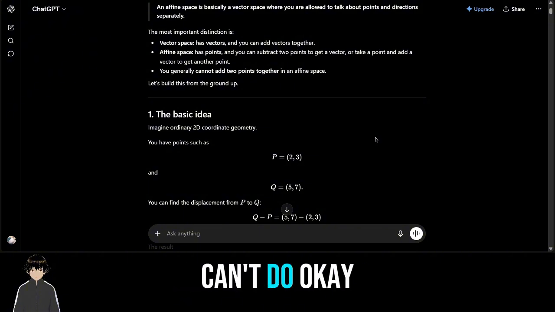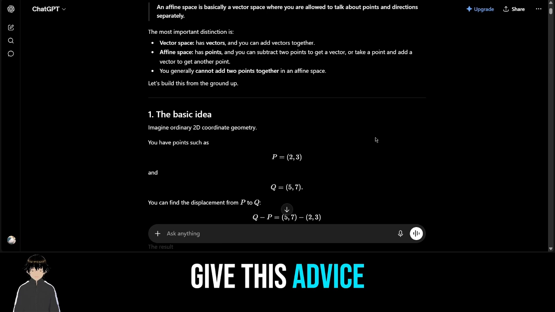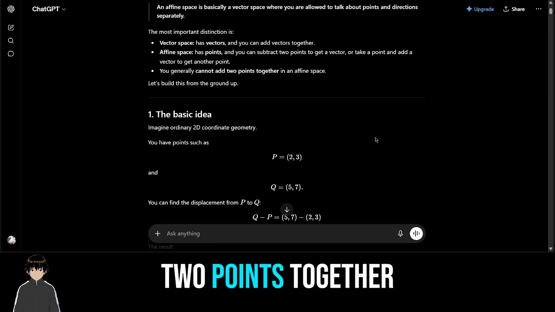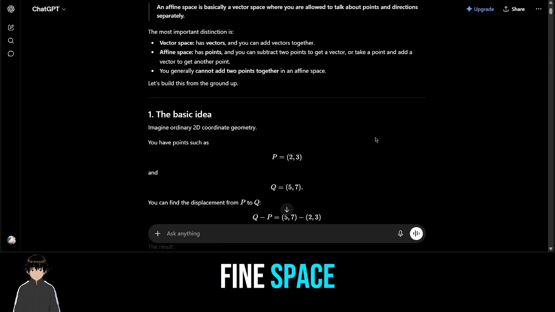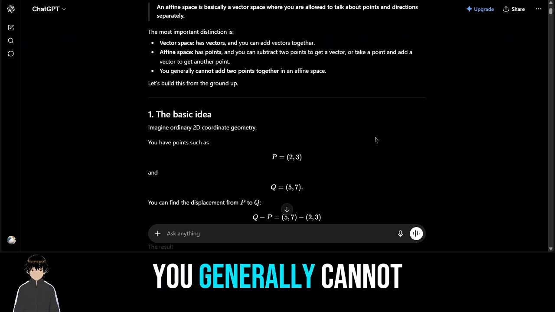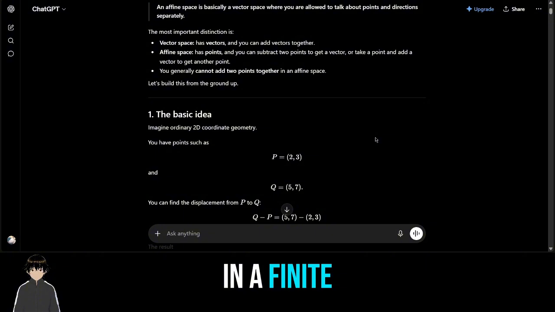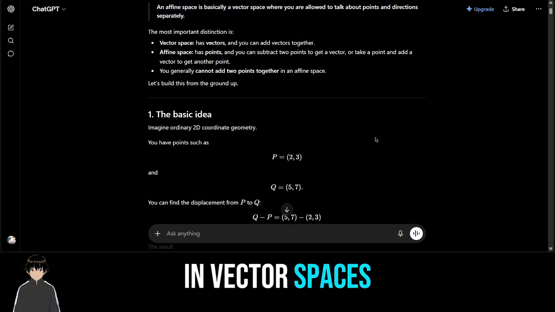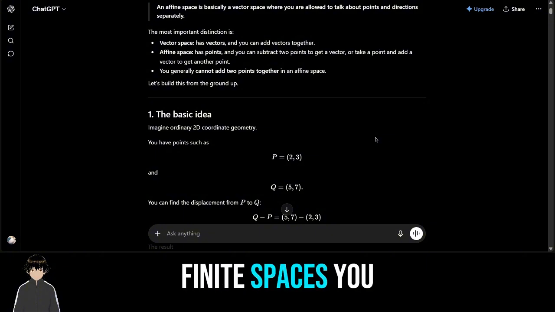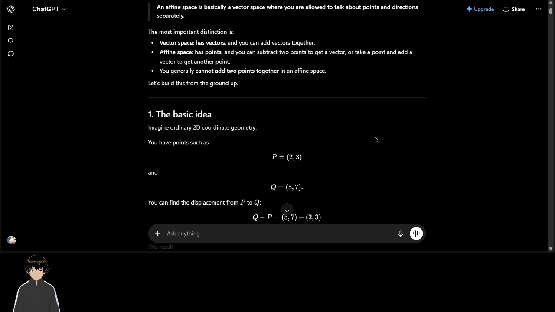But what you can't do, and I just have to give this advice, is add 2 points together in an affine space. It says here you generally cannot add 2 points together in an affine space. You can in vector spaces, I believe, but in affine spaces you cannot.